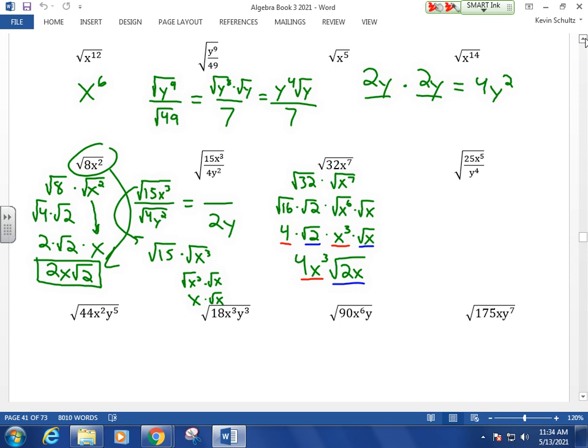So what's outside of the root? Just an x. What's inside the root? This root 15 and our root x. Our final answer is x root 15x over 2y.